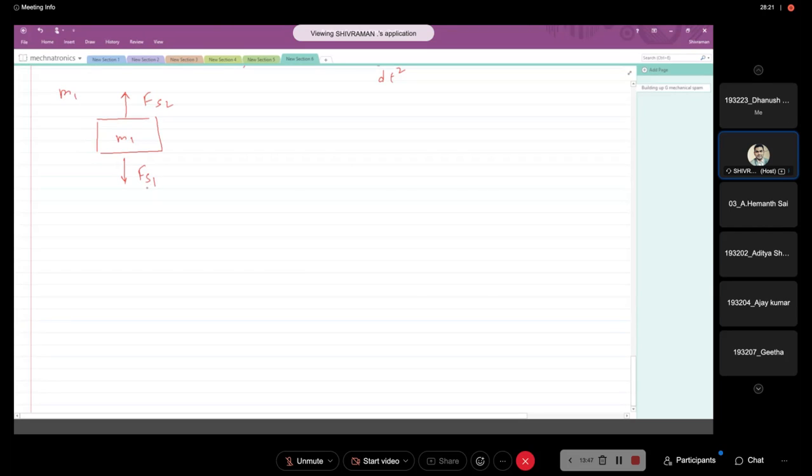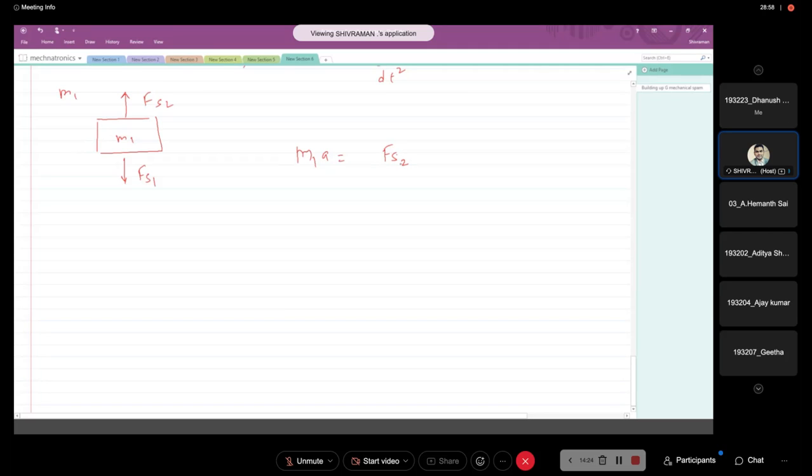That is Fs1, and this Fs2 spring, the K2 spring, will resist its expansion, because when mass M1 moves down it will try to extend the spring K2 and it will resist, so that force will be in the opposite direction. So what you will have here is M1A equal to Fs2.